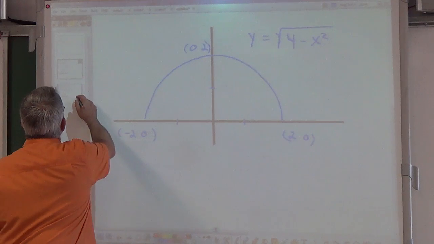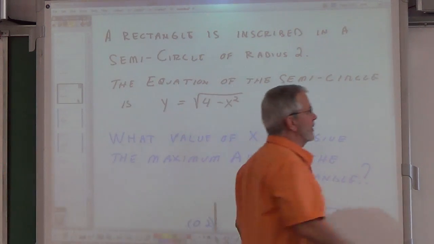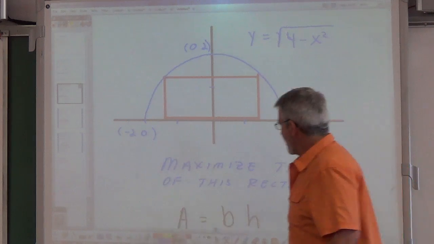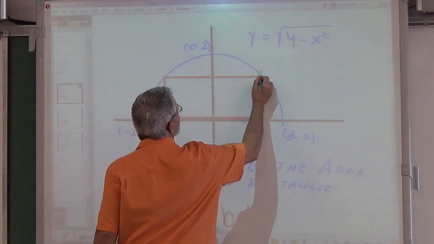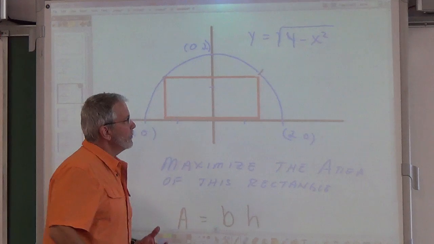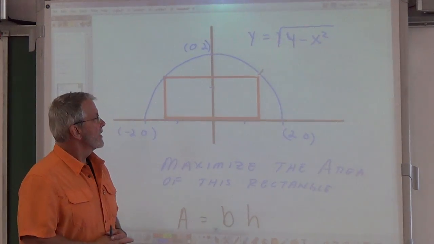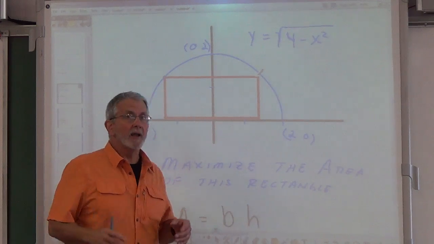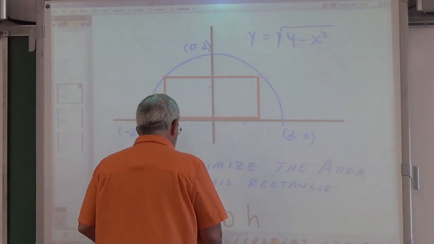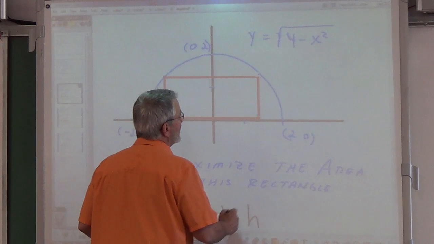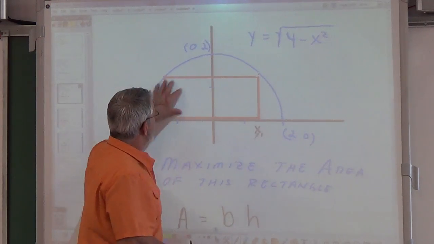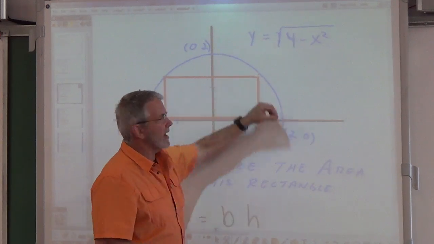I want to inscribe a rectangle within that semicircle. That's just a picture of one of many rectangles. That may be the one with the maximum area, it may not. What we're going to do is find this x value right there that yields the maximum area of that rectangle.